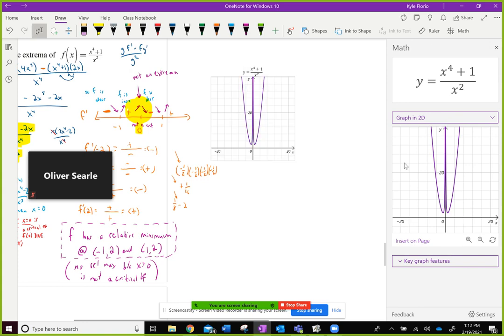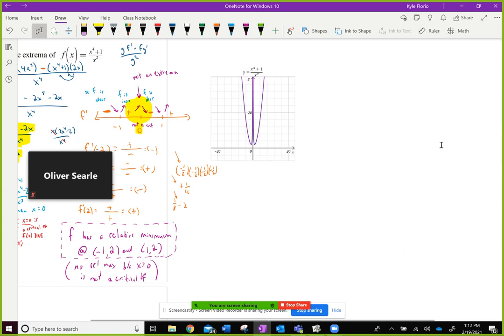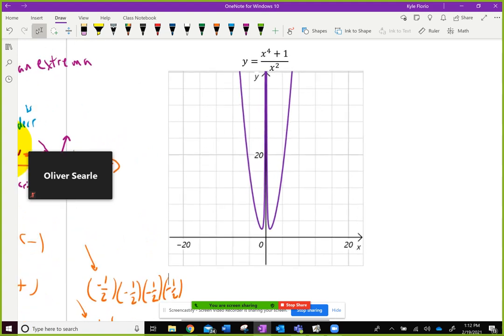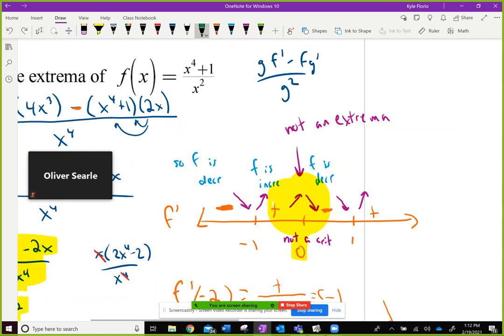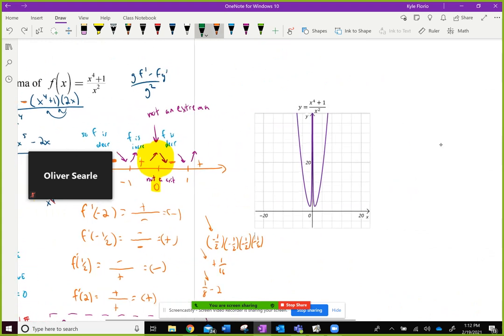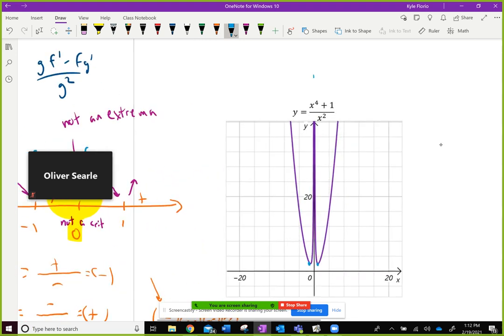We have our two relative mins right where we said, at -1, 2 and +1, 2. But there's no max because right here we have a vertical asymptote.